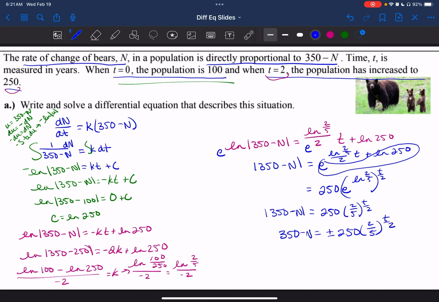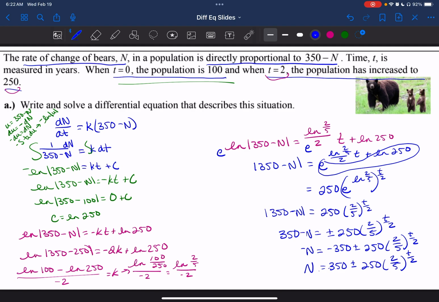Let's subtract the 350 and divide everything by negative 1. Oh boy, I better do that in 2 steps, so I don't mess that up. Okay, so negative n equals negative 350 plus or minus 250 times the 2/5 to the t over 2, divide by negative 1, n equals 350 plus or minus 250 times the 2/5 to the t over 2.